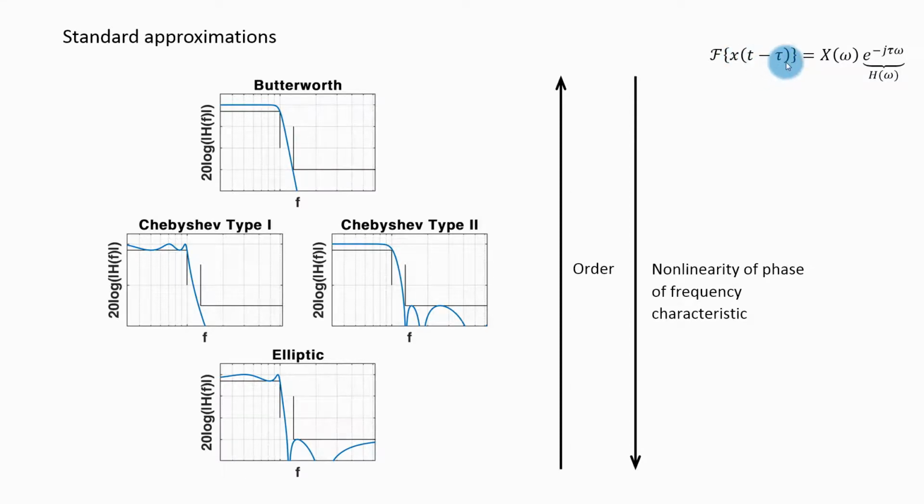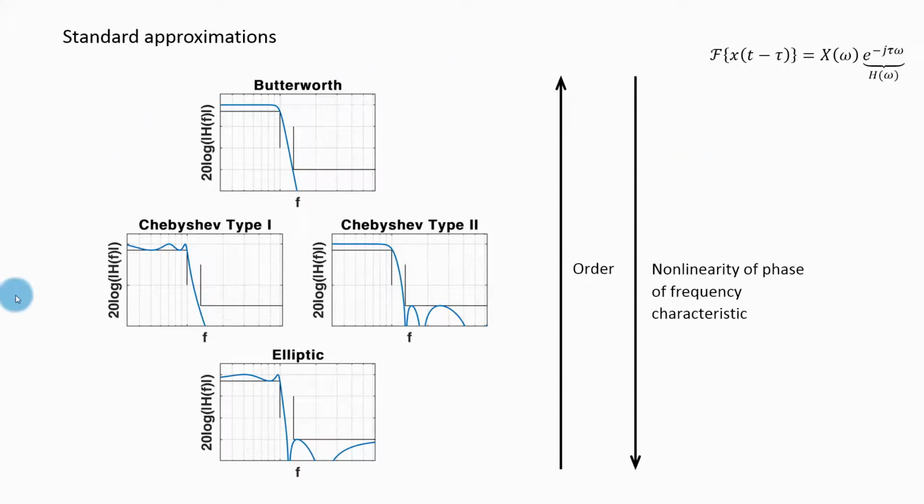With this time delay, the phase of the frequency characteristic is going to be a linear function of omega. This is just a line with slope tau that corresponds to this time delay. If the phase of the frequency characteristic is non-linear, then the system is going to introduce different time delay at different frequencies, which can lead to a distortion of your signal.